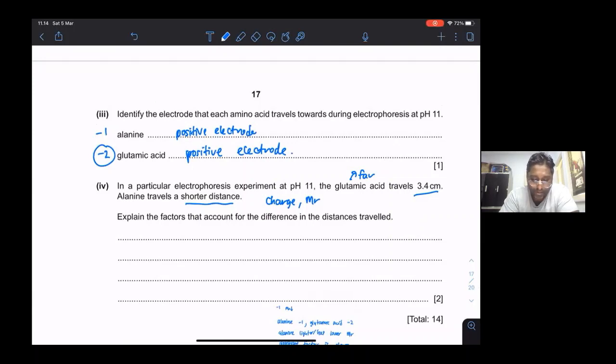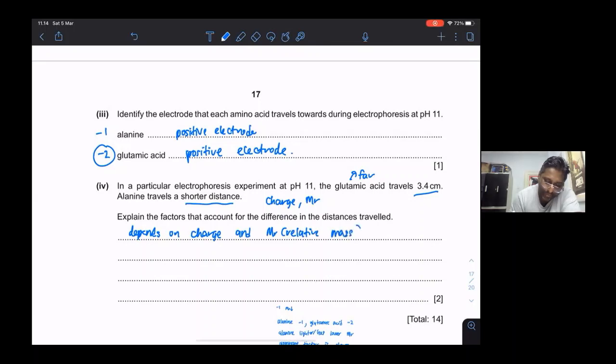Yeah. So I'll just say it basically depends on charge and MR, relative molecular mass.